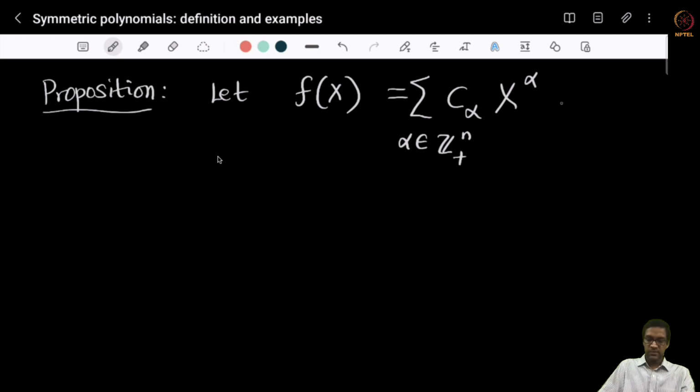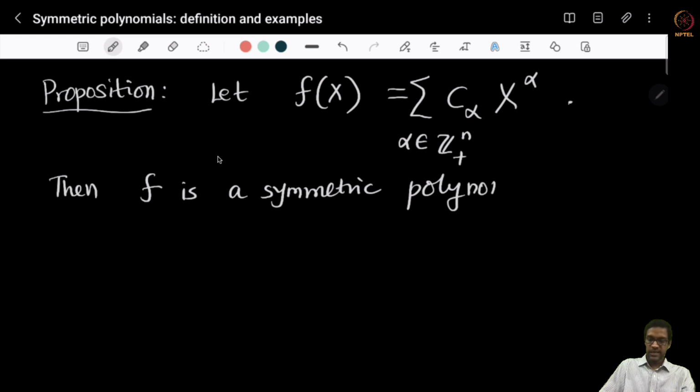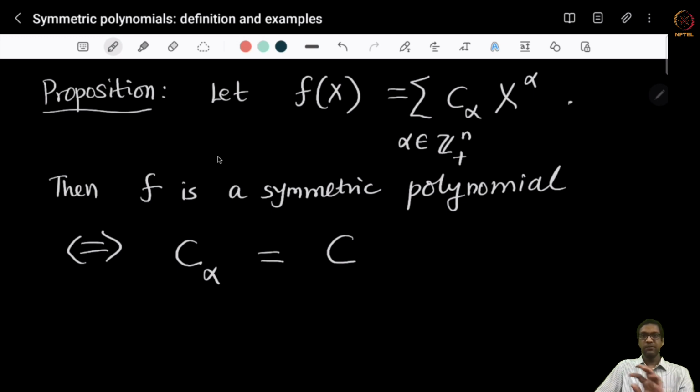Then f is a symmetric polynomial is the same as saying something about the coefficient c alpha. It says that the coefficient c alpha, that is the coefficient of the term x power alpha, is the same as the coefficient of the term x power beta, where beta is some permutation of alpha.